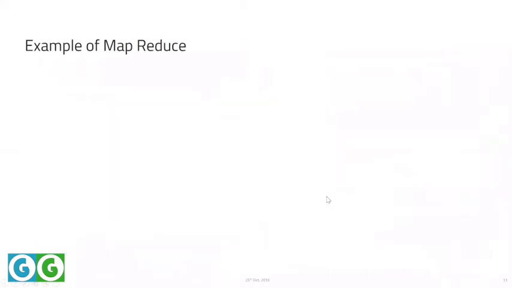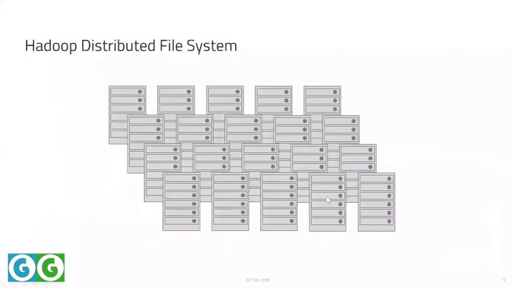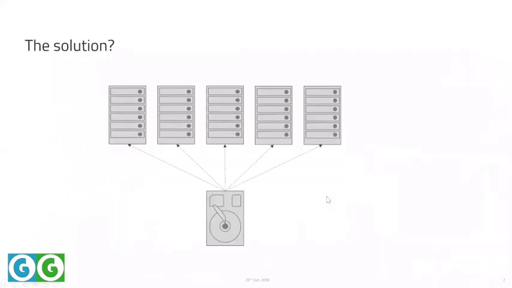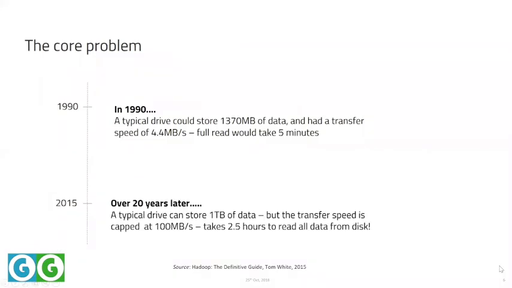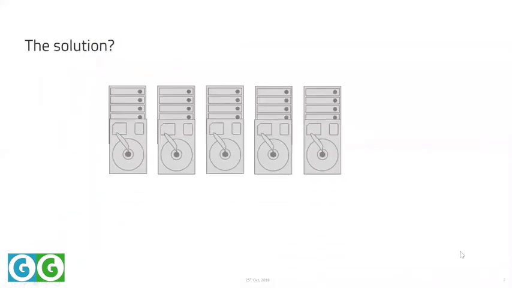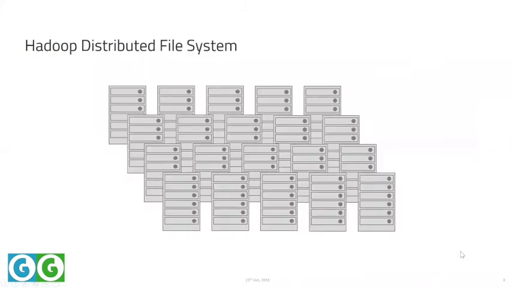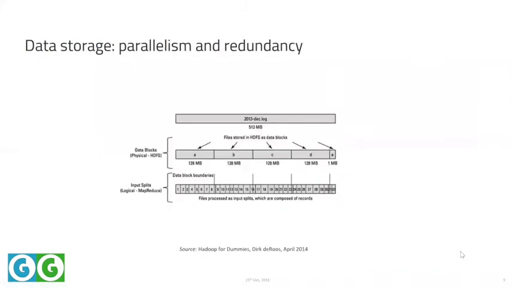Here it is. The files are essentially split into data blocks. You define how big you want your data blocks to be, and these data blocks are then spread across the cluster.